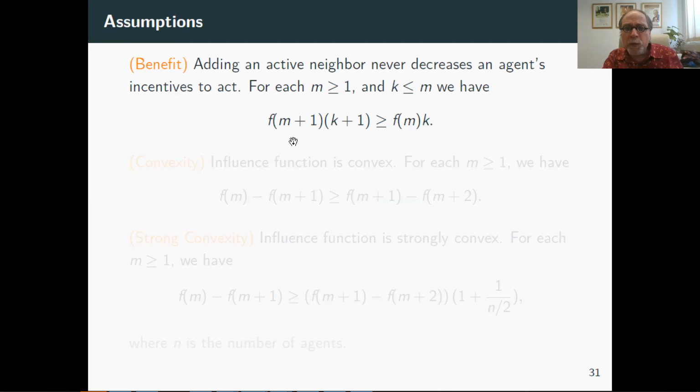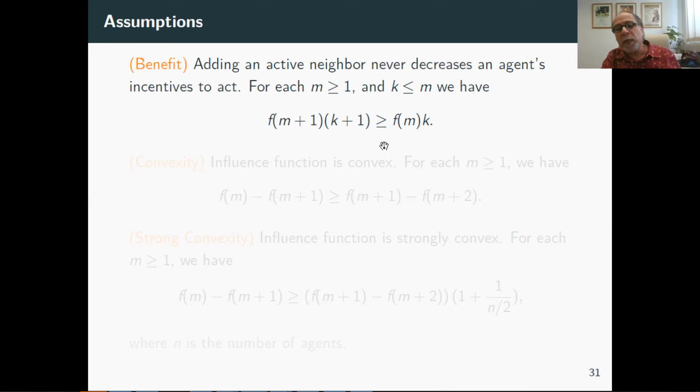But what it says formally is that f of m plus 1, so I'm increasing the number by 1. So adding an active neighbor never decreases agent incentive to act. For each m greater than 1 and k smaller than m, this is the total effect, social effect, when I introduce another agent that takes the action.